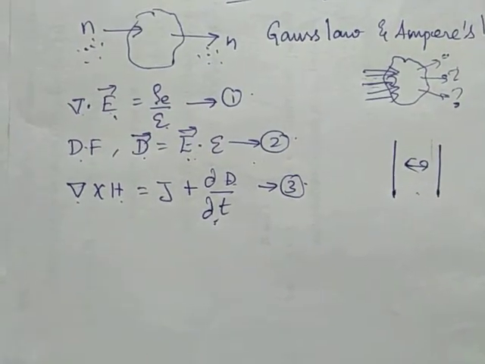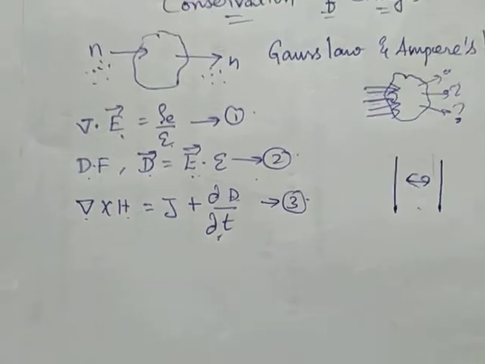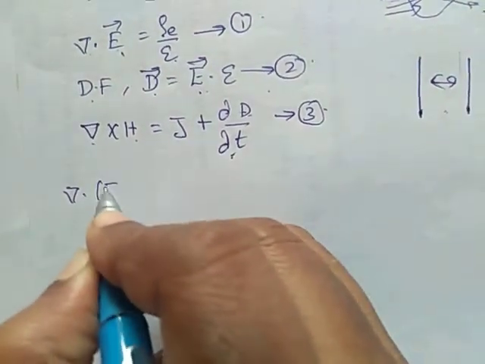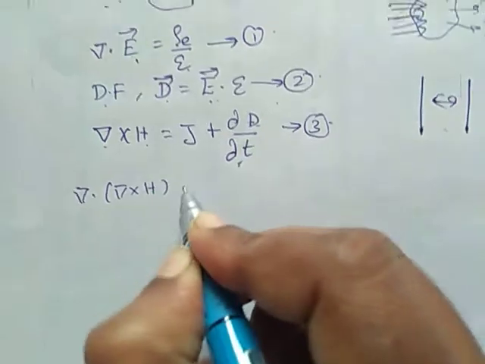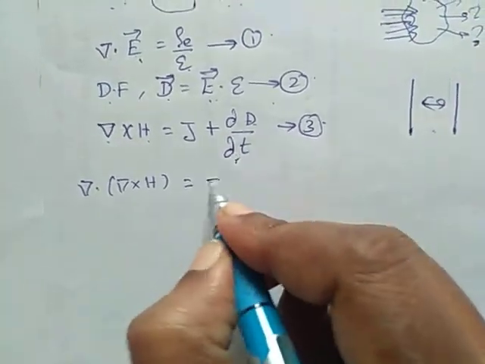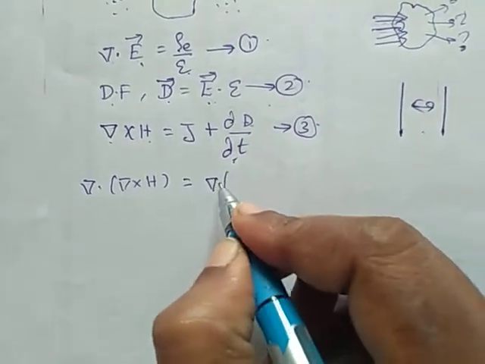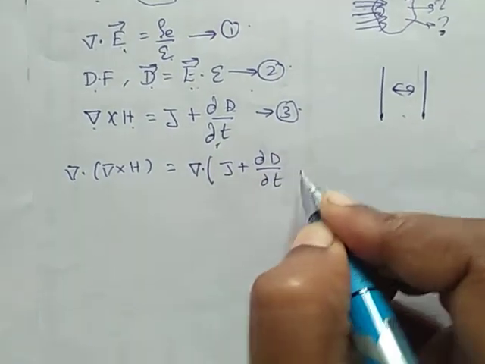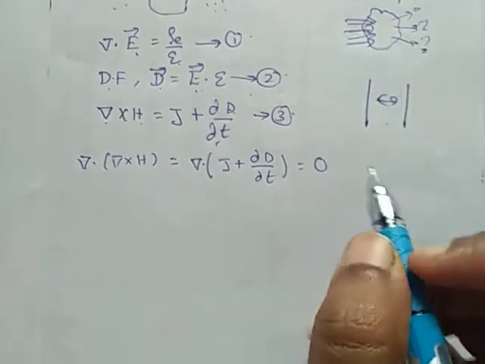When we take divergence on both sides of equation 3, we get del dot del cross H is equal to del dot of J plus dou D by dou t, which is equal to 0.